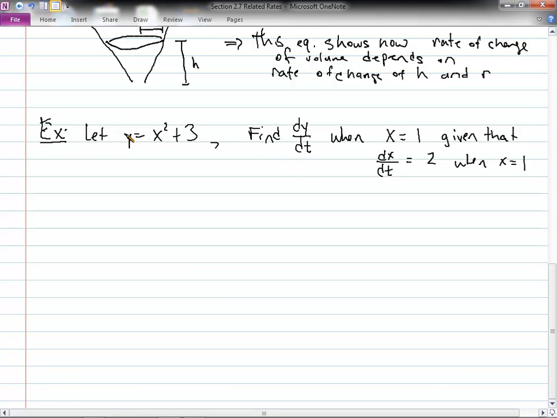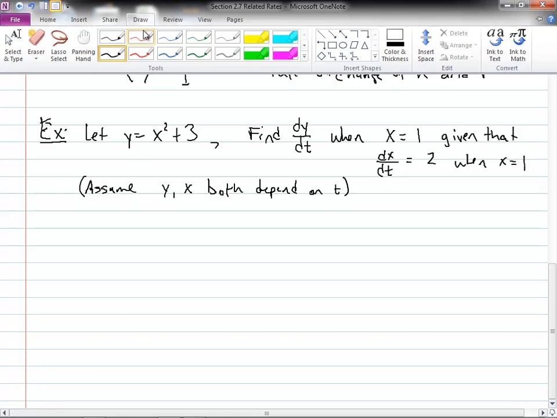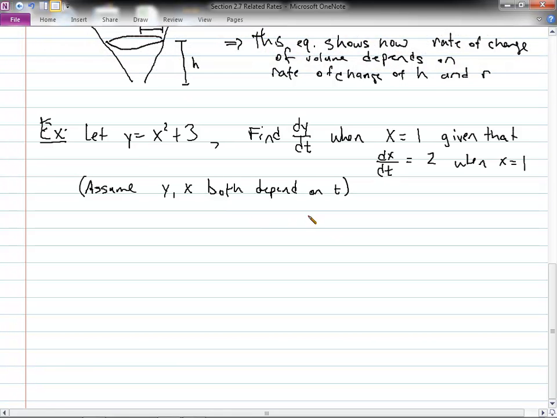Now notice, what variables do we have in this problem? y and x, which means in order to find dy/dt, we're going to assume y and x both depend on t. That's so that we remember to use the chain rule whenever we take these derivatives, okay?